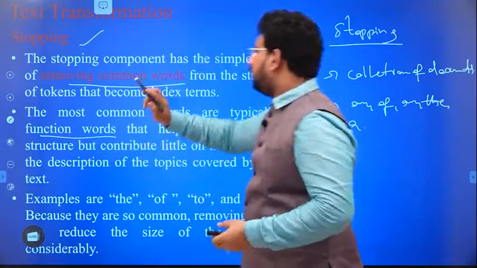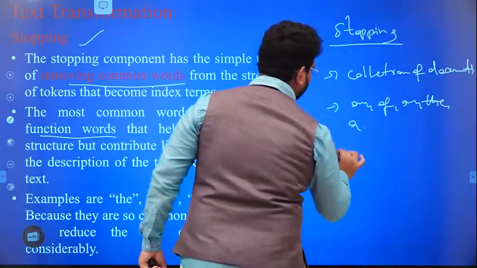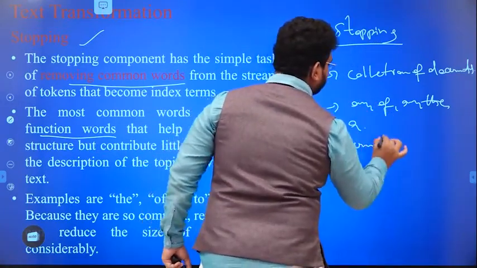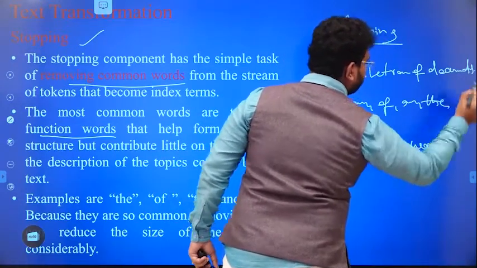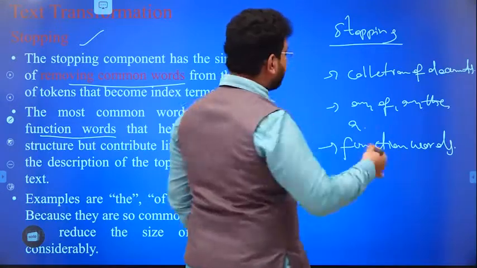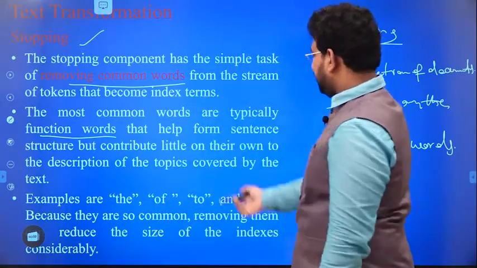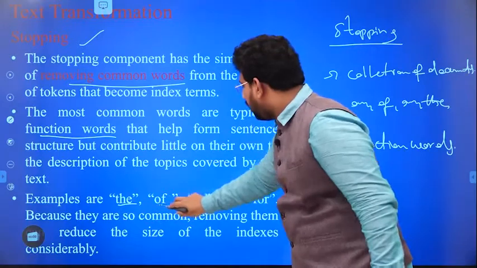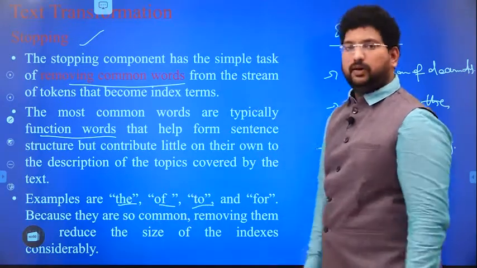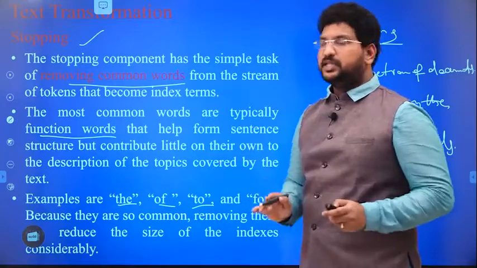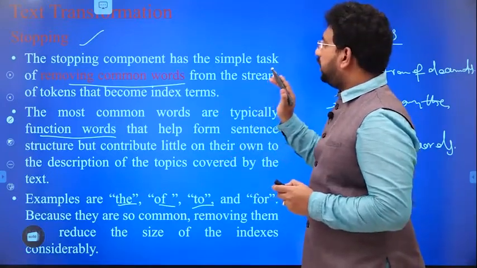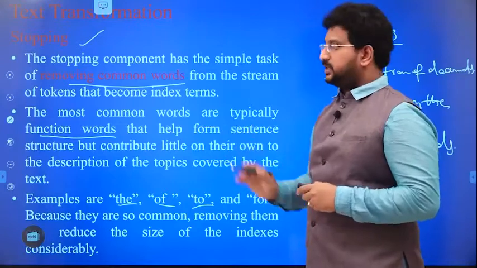We can also call them function words. Examples are the words I told you: the, of, to, and, for. Those words will be stopped. The main responsibility of stopping is removing the common words.